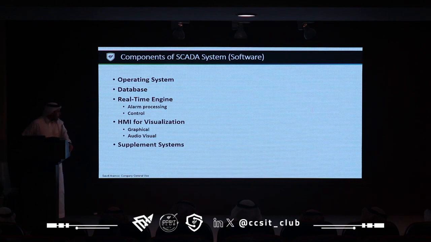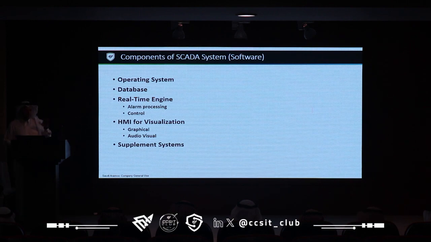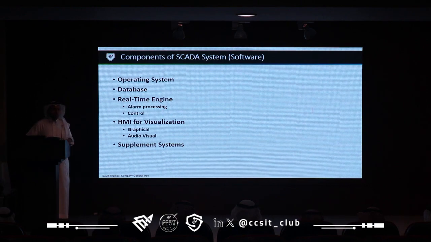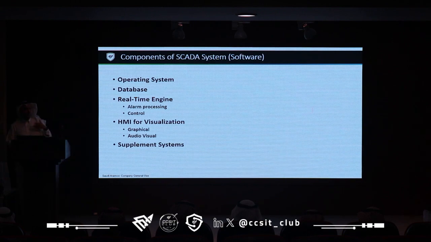Also, the supplement system is a system that uses SCADA, or SCADA integrates with it, to provide more features for advanced services for the business, for reporting, analysis, improvement, and optimization. It will ship to the IT network or IT system that will provide reporting to the business and do more optimization for the process.